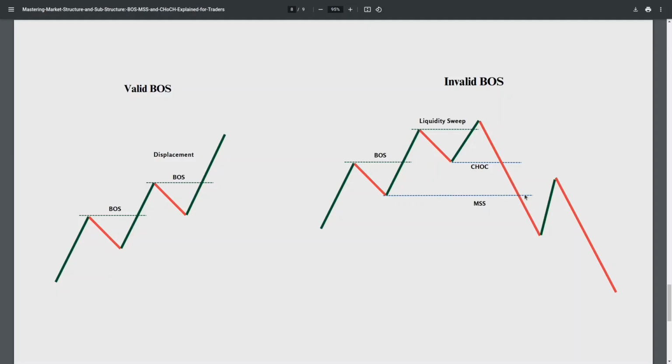Price has to displace with high momentum and break this level here, which will confirm our change in market sentiment to the downside. So with all this, you will be able to master what valid structure is and what invalid structure is.